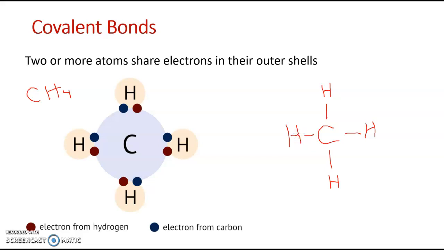So there is a covalent bond formed between each of those shared pairs of electrons. So the molecule of methane is made of 4 single covalent bonds. Bonds that involve sharing of electrons between the individual atoms.